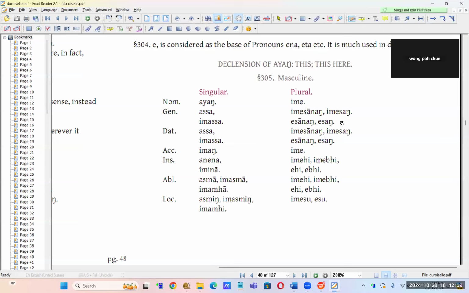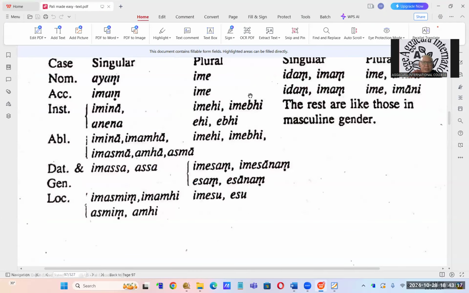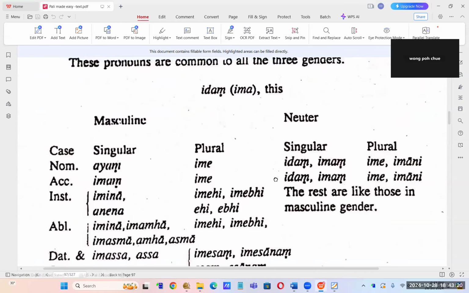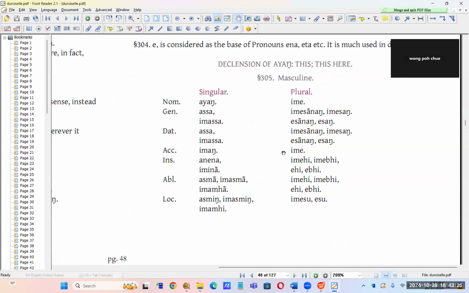For the Duracell, these all originate from ayam and not idam or ima? From ayam, yes. Idam, ima, it's also originating from ima. Because of the way the Duracell arranges it, like ayam, then imasa, imam, then when it comes to plural you will be in line with imasanam, imesam, ima.